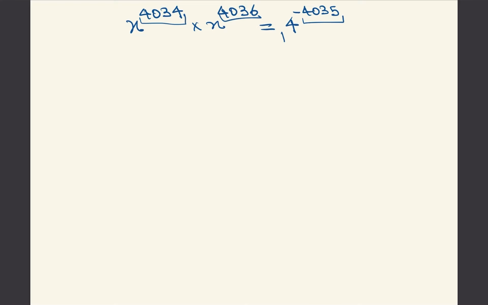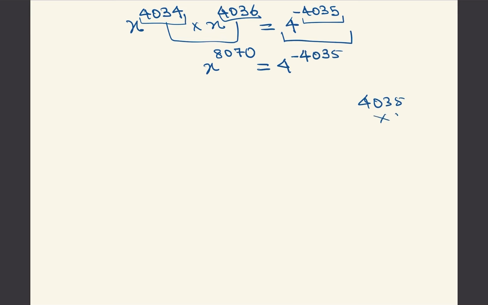So we get 4 to the power minus 4035, and x to the power, the addition of these two, becomes 8070. If you notice, 4035 into 2 is 8070.